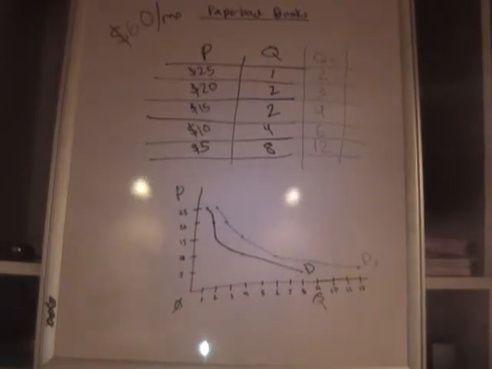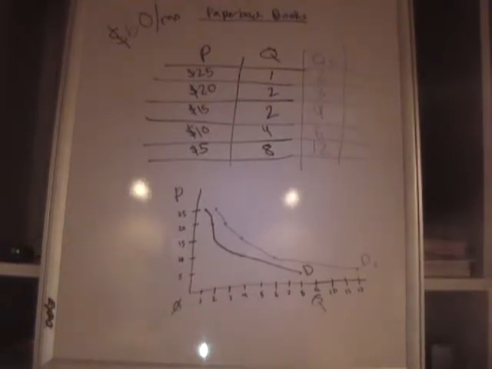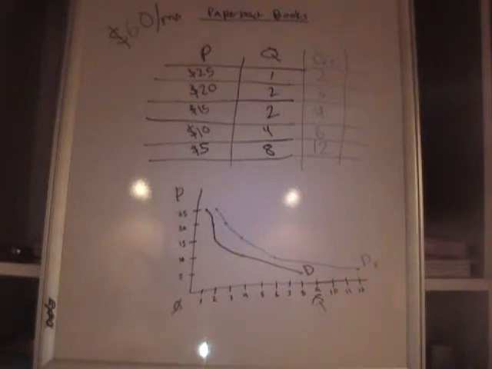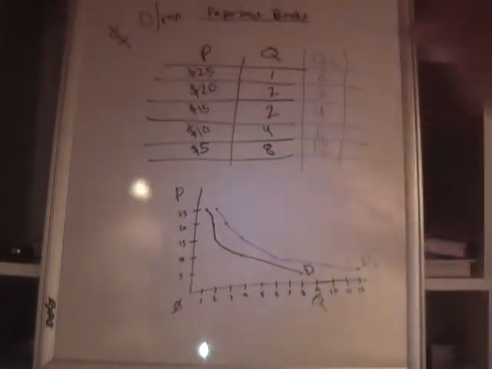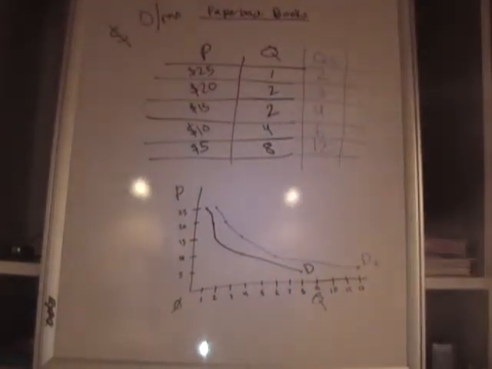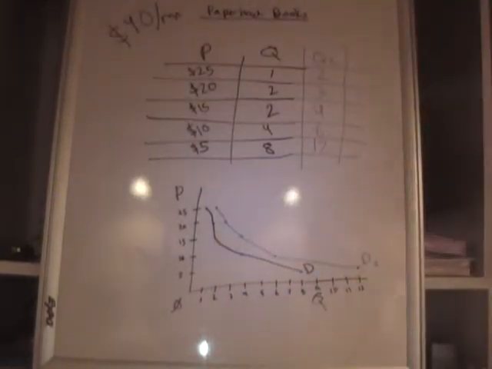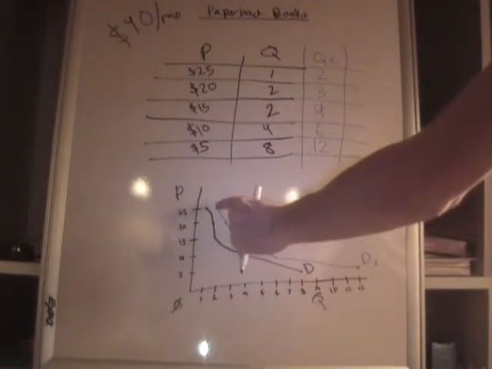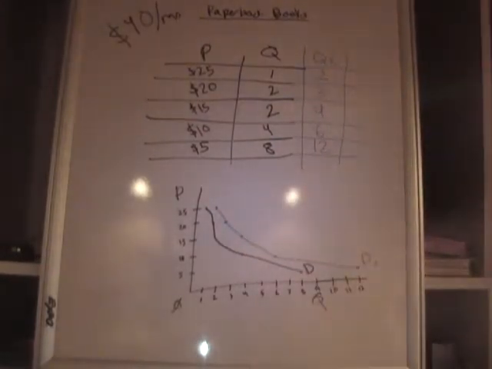If demand had decreased, say that he had solved it wrong, and he went back to only being able to spend $40 a month on paperback books, then his demand curve would go from here to here, showing that a decrease in demand is indicated in a shift to the left.